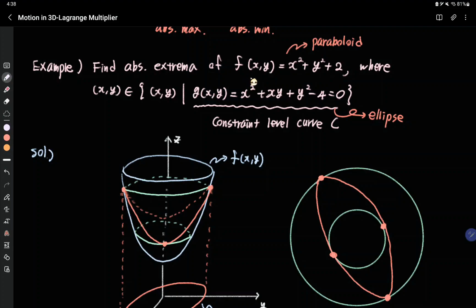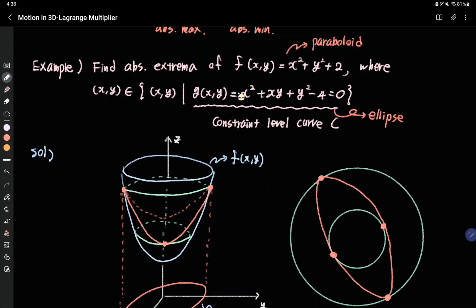The graph of f, the surface of f, must be the paraboloid, where (x, y) is in the set of the constraint level curve C defined by x squared plus xy plus y squared minus 4 equals 0.